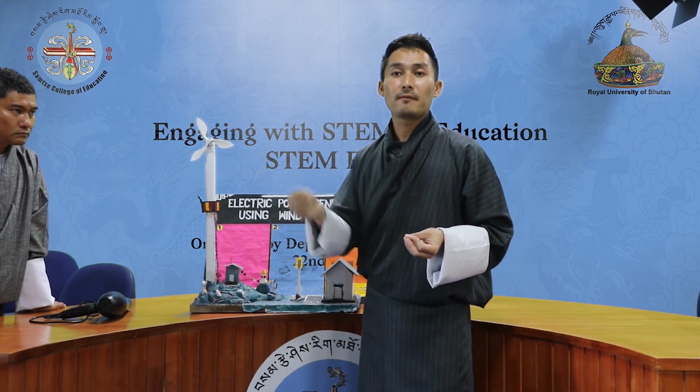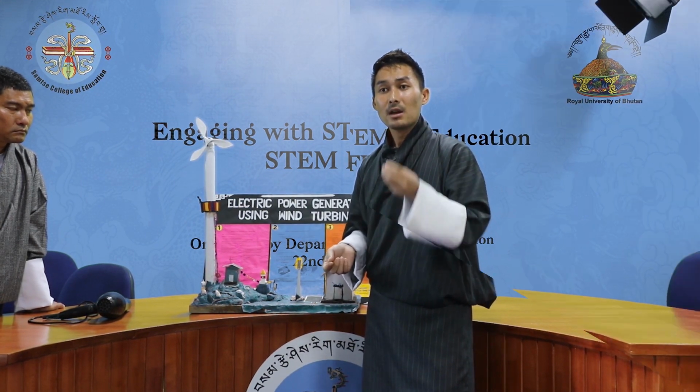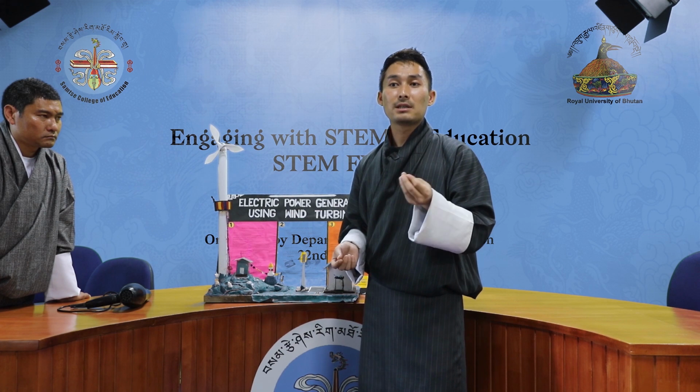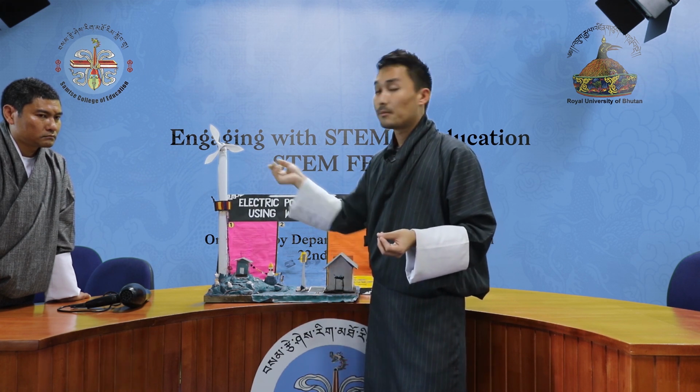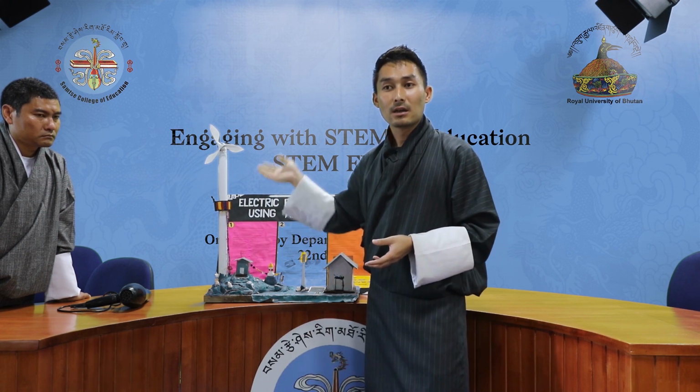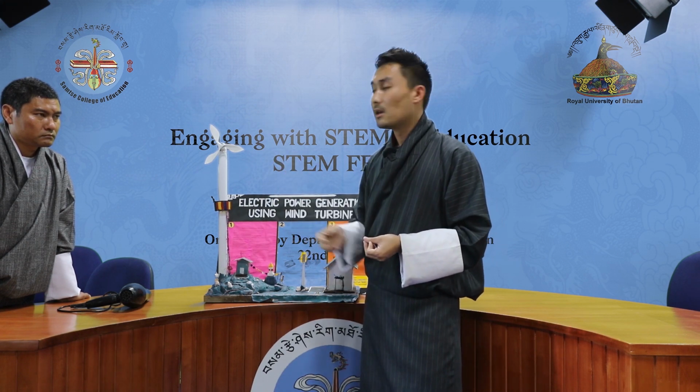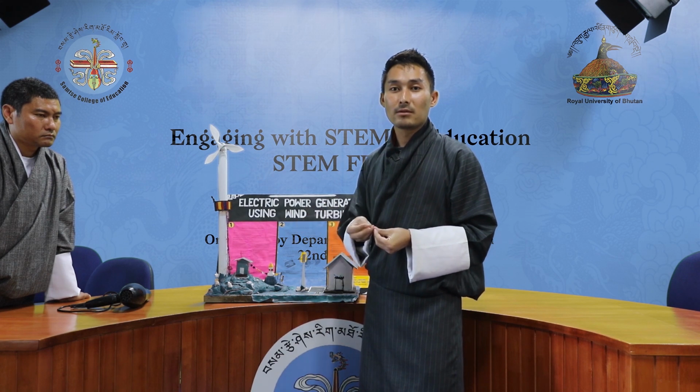It generates 12 volts, which is enough for generating 5 volts for mobiles. So you can create a portable mobile charger using this concept. This is the final takeaway for the students.